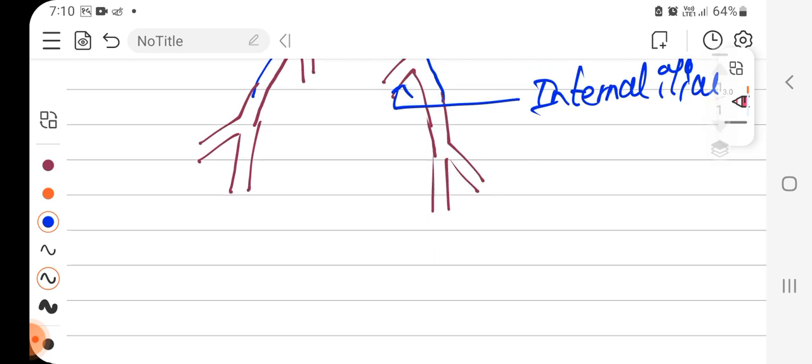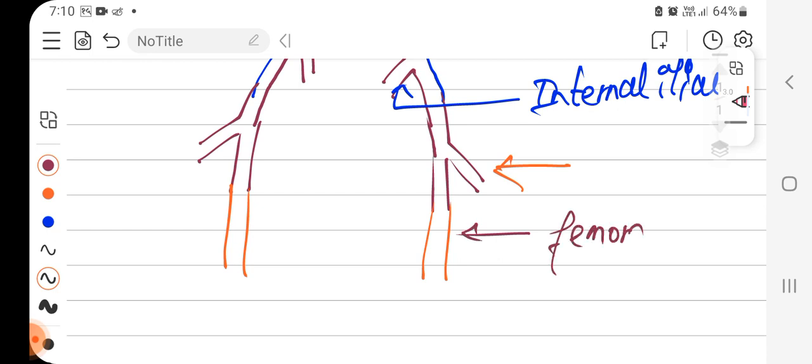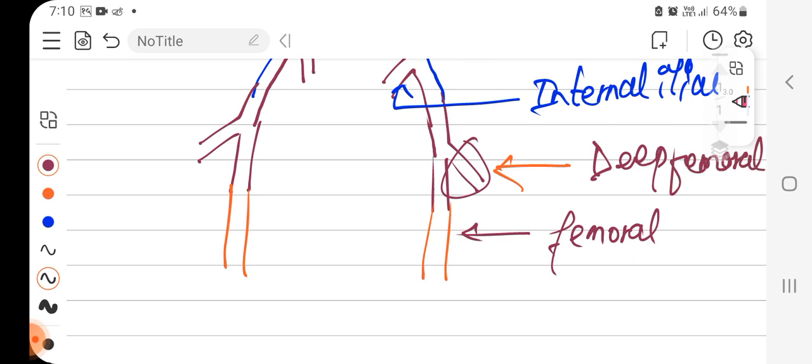Moving downside, the external continuation is known as femoral, and this goes to the deep part to other parts of the legs, so this is known as deep femoral.